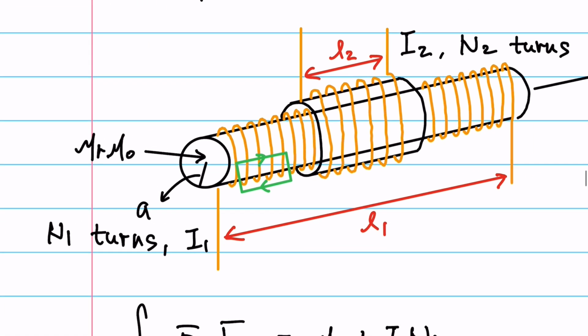The first coil has N1 turns and the current is I1. Length is L1 and length is L2, and the radius of the core is A, and the material has a relative permeability of mu r.